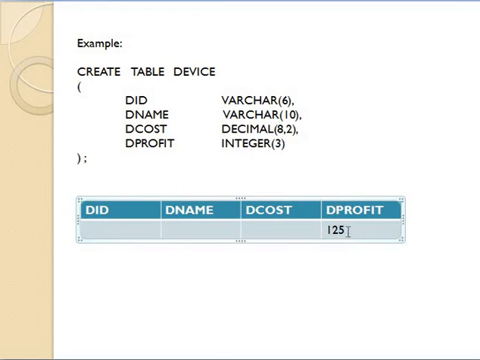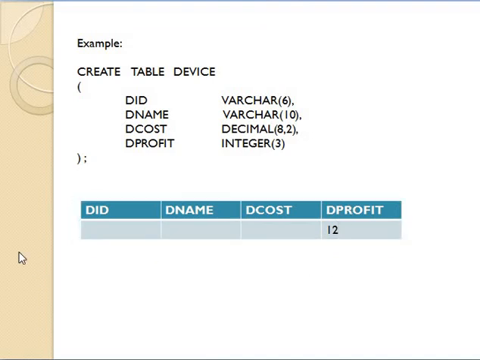So now if you reduce one more digit, the total number of digits comes to 2 for this value, and since this is less than the maximum set limit, this will again be an acceptable value for the column dprofit.